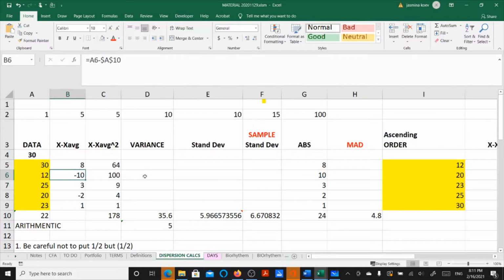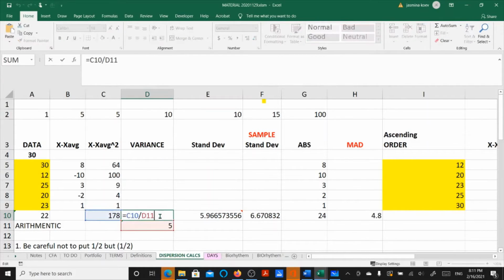So, variance, how that's calculated is the observation. As you see, I'm taking 30 minus 22, 12 minus 22. These are to the power of 2. Sum them up. And here we're dividing by the number of observations.